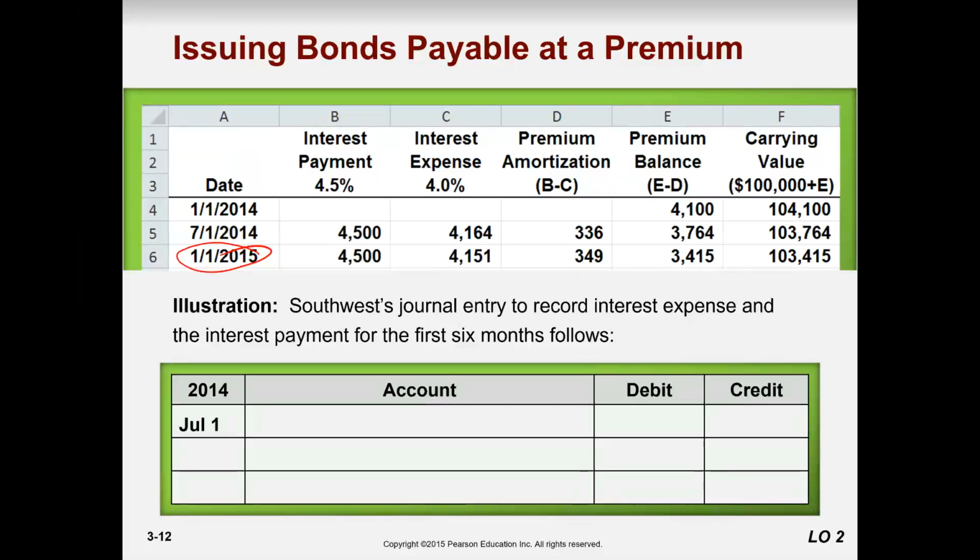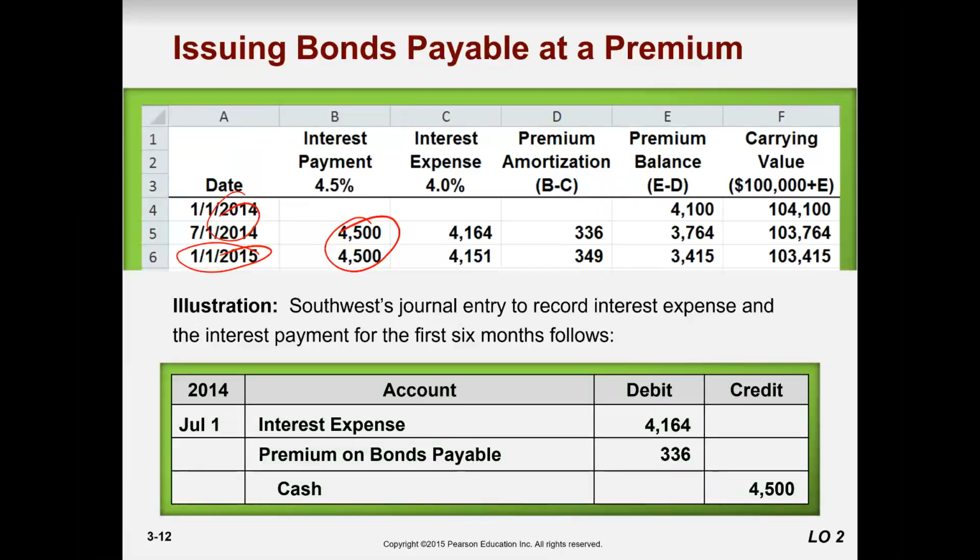Since the whole year interest payment, both belong to 2014. All right. So we need to fulfill the revenue and expense recognition principle. Now that's all for the treatment and recording of bonds issued at premium.